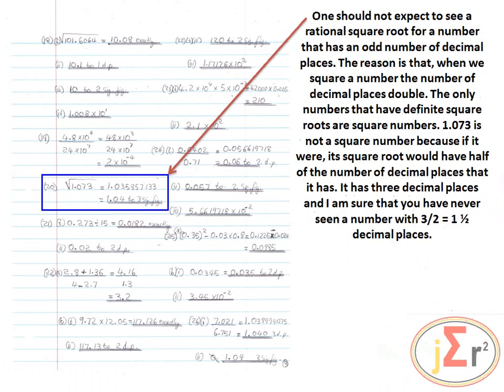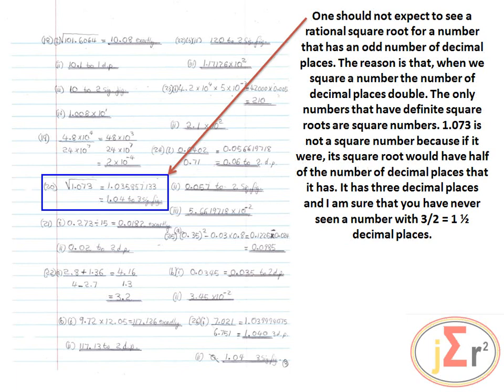One should not expect to see a rational square root for a number that has an odd number of decimal places. So there is no rational square root for a number that has an odd number of decimal places. Why?